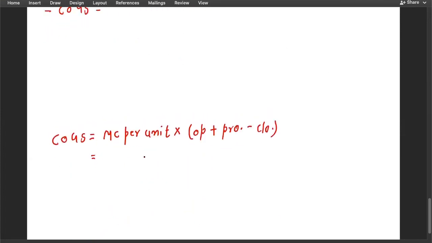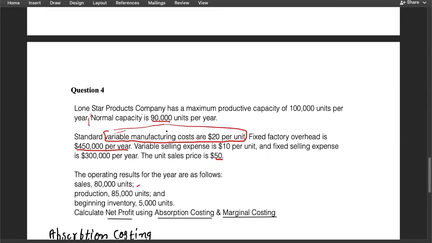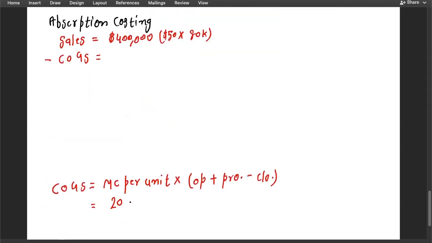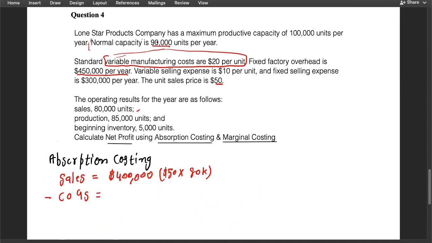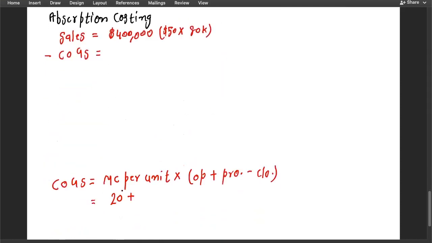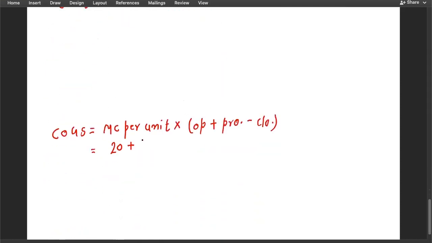So 20, which is the variable manufacturing, plus 450 divided by 90, which will be 5. So 20 plus 5, it's 25.